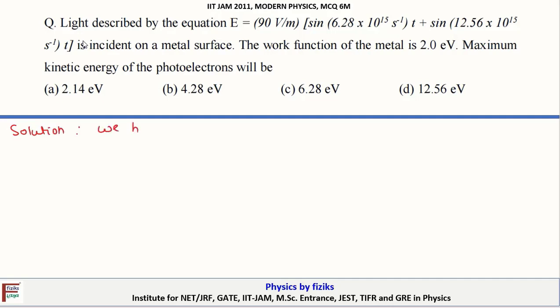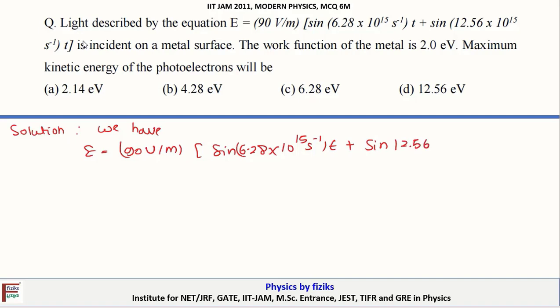We have E = 90 volt per meter [sin(6.28 × 10^15 second inverse × t) + sin(12.56 × 10^15 second inverse × t)].